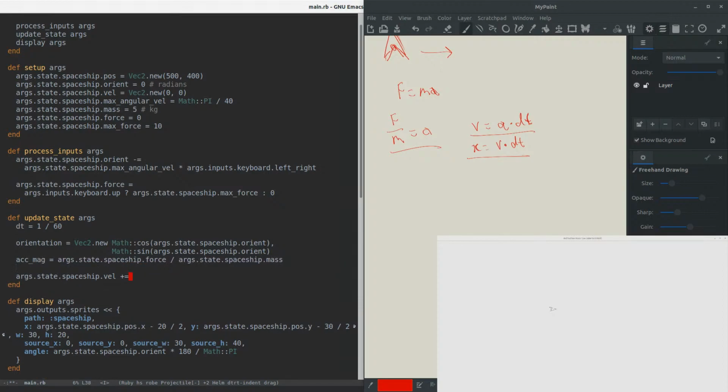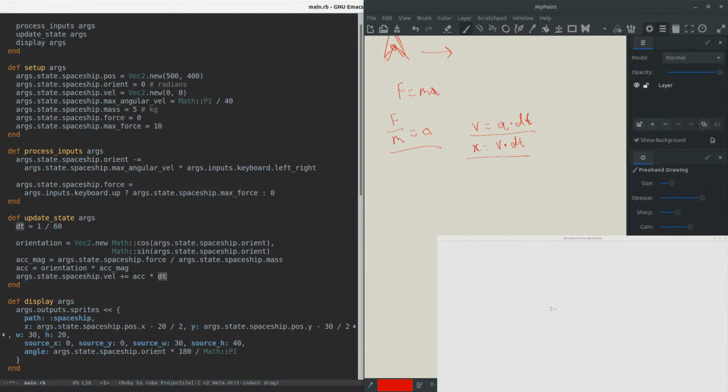So our full thing looks like this: orientation times acceleration magnitude. And then when we add this to our spaceship vector, we'll have our dt here.